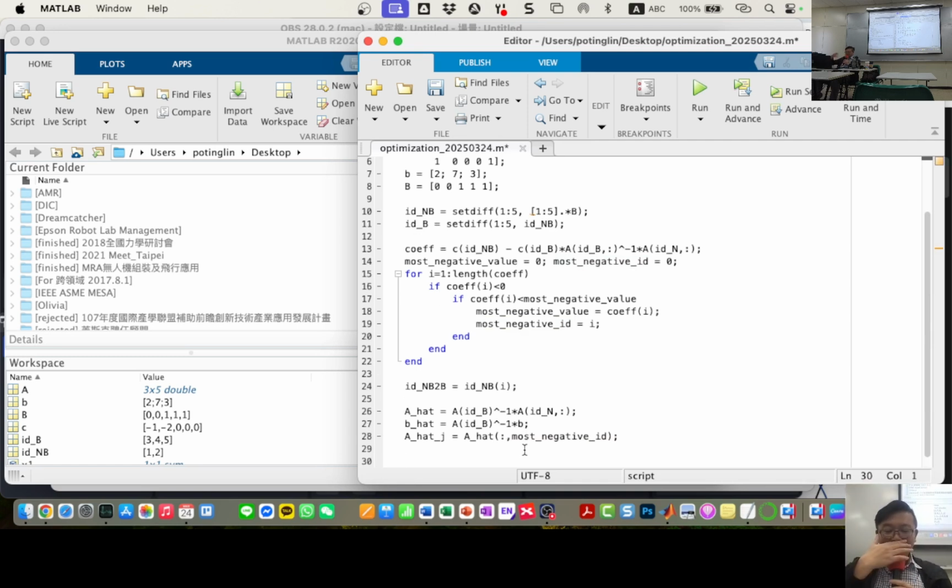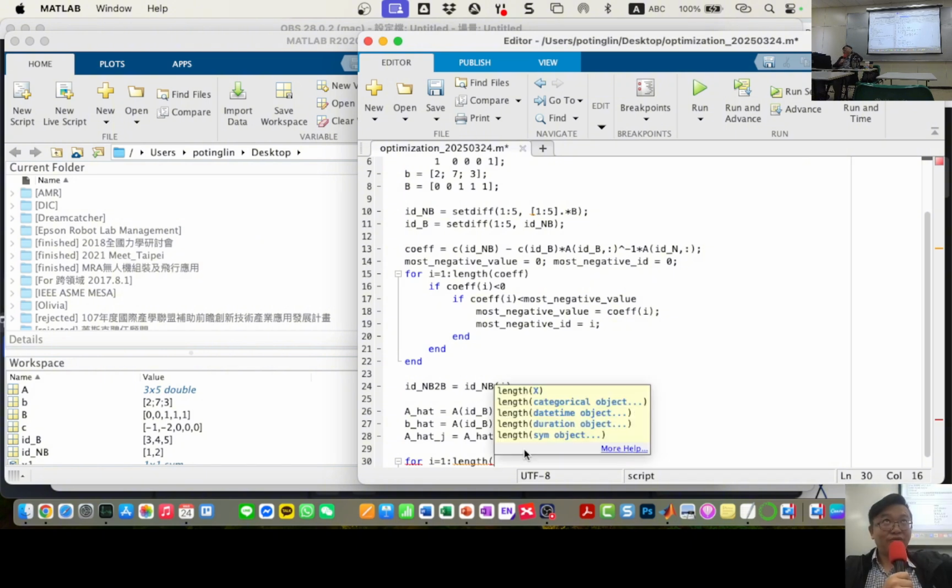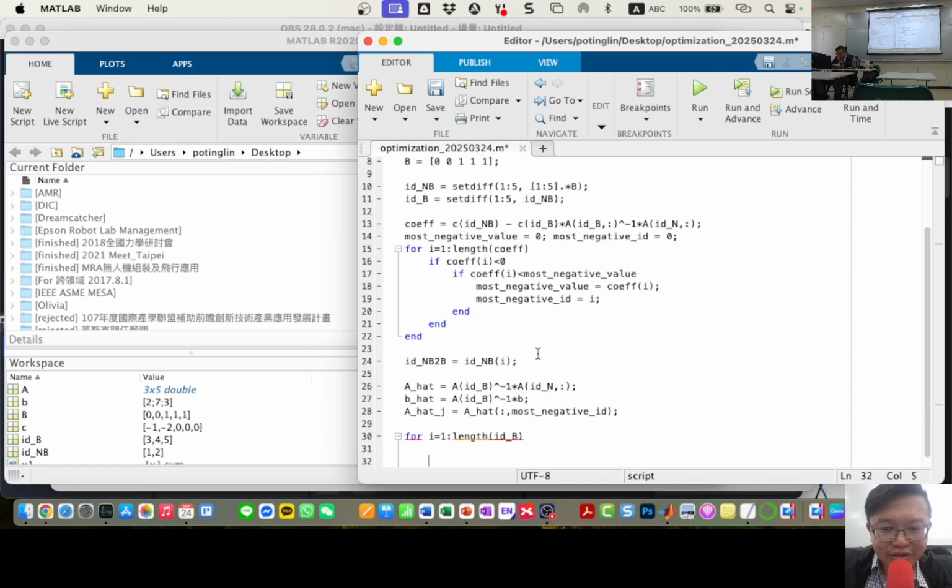Now I can use the for loop. I goes from 1 to the length of number of basic, basically IDB. Yep.